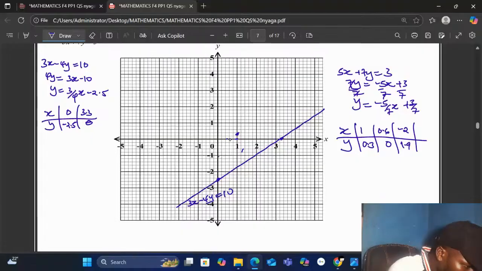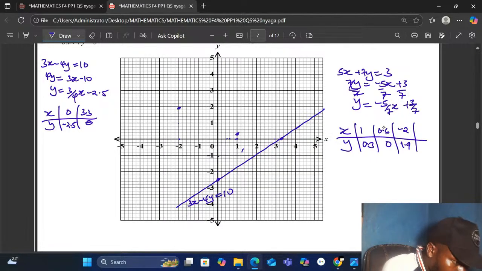Sorry, let's use negative 2, 1.9. Negative 2, then 1.9. 1.9 is just here.